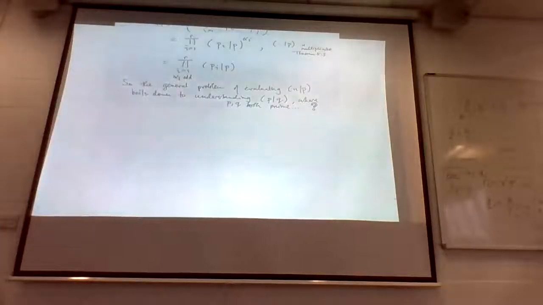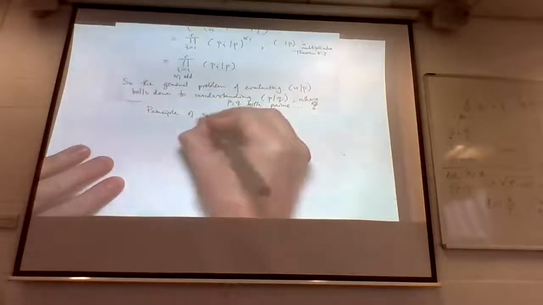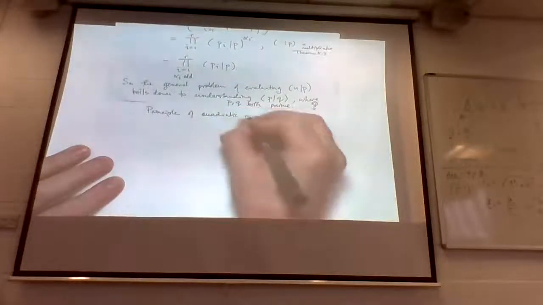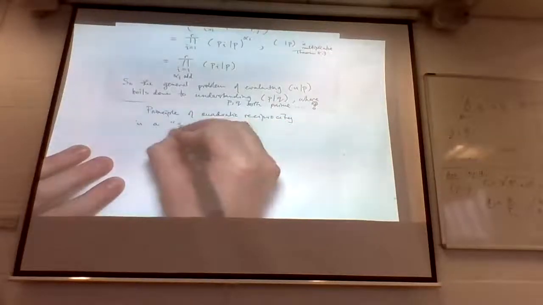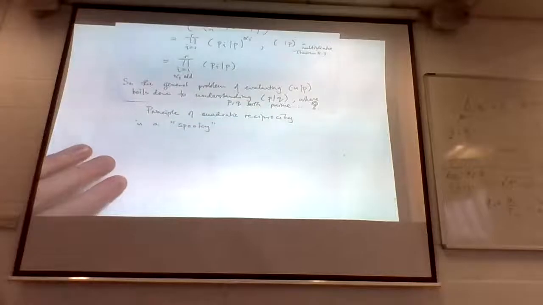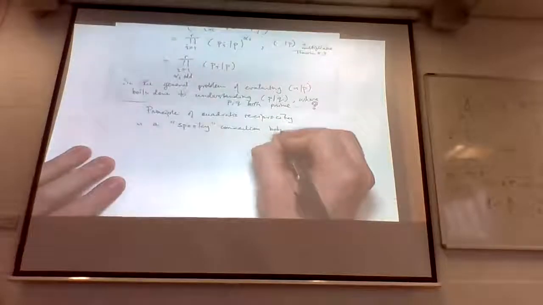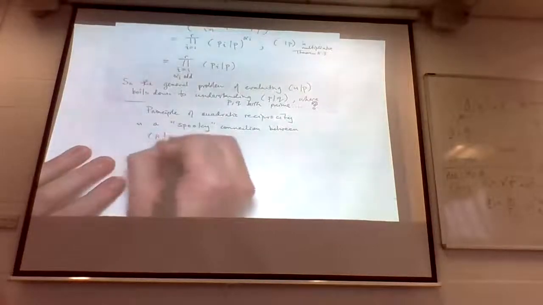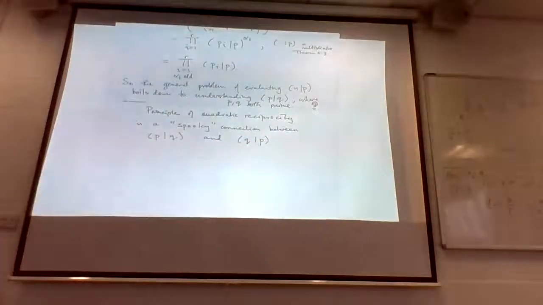There's no reason to expect any kind of clear, simple answer from what we've worked out at the moment. Now, the principle of quadratic reciprocity, which we're going to discover together, is something some people have referred to as a little bit spooky or mysterious, a spooky connection between (p/q) and (q/p).